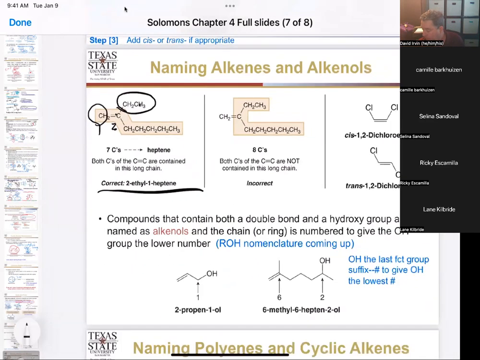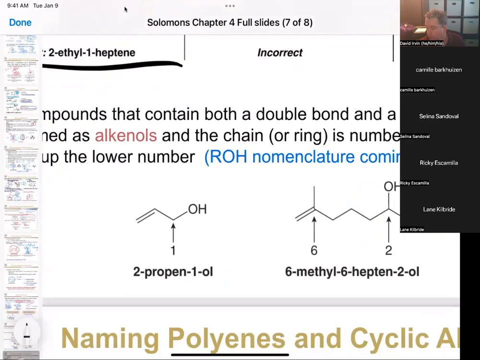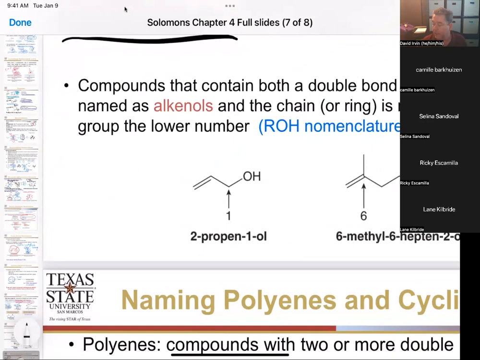just like in an alcohol, that the number 1 position is understood to be the alcohol. So that being said, we can actually have more than one thing on here. So in this case here, we have 1, 2, 3 carbons, okay? Now, all 3 of those carbons have to be part of the main chain because they are a double bond and they have an OH on there. Now, what ranks higher?